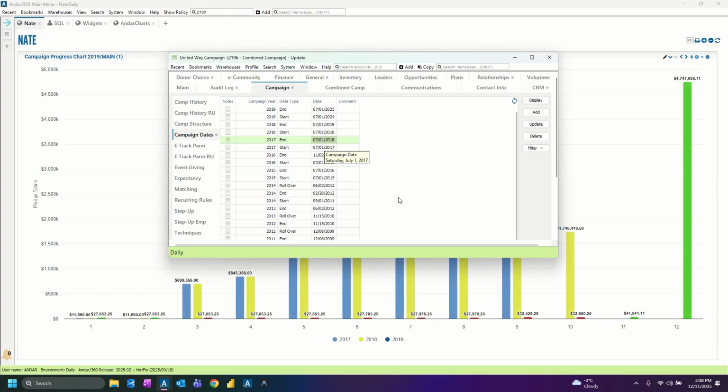So for example, knowing that my campaign year starts on July 1st, this number 1 frequency down here says that with that 30-day configuration, interval number 1 or frequency number 1 is July 1st to July 31st, right? It's the first plus 30 days. The second interval would be July 1st plus 60 days.